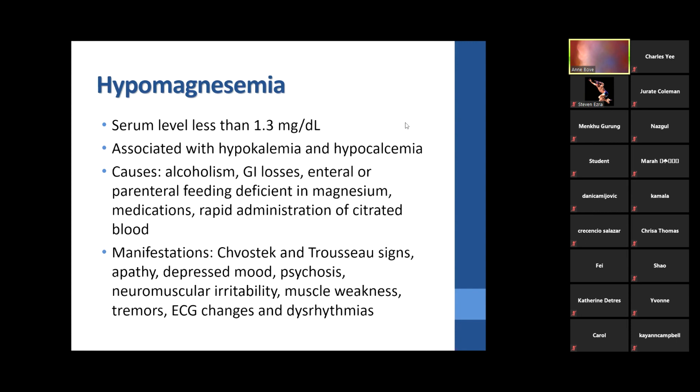So after giving the emergency drugs that you would normally use, you may see magnesium used as a third line, because it may be that the magnesium level is low.